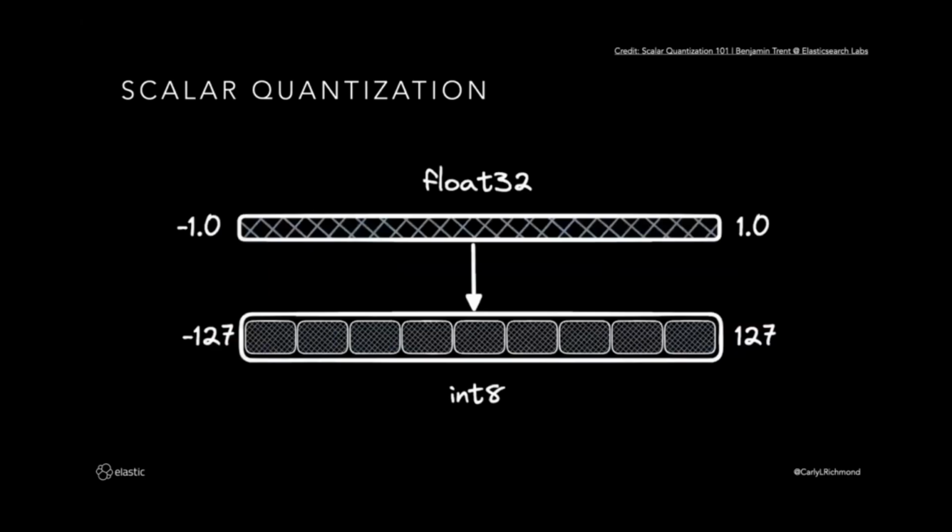So scalar quantization is the first one. It's basically what I like to think of as the entry level to quantization. The basic idea is that you have a float32 vector, and we are basically converting it to an int8 conversion. Now, in terms of how that works, you'll take each of the vectors that we have, and for each dimension within it, we're looking across the dimension values across the whole vector set, and then we're normalizing it.